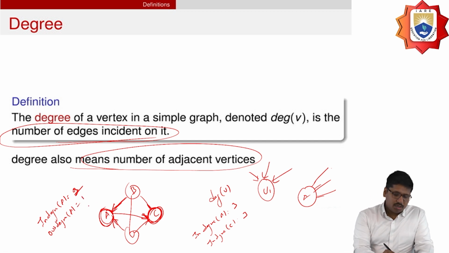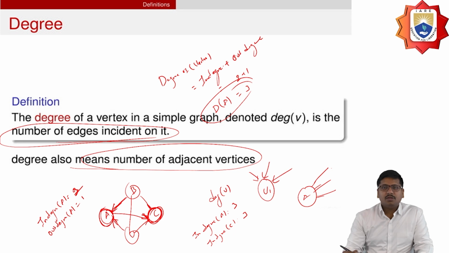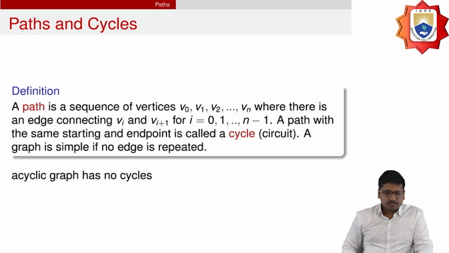So the degree of the vertex should be calculated as in degree plus out degree. That should be 2 plus 1, so that is the degree of A. Like this we are going to calculate the degree of the vertex.